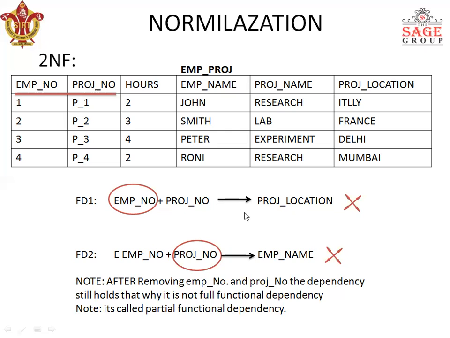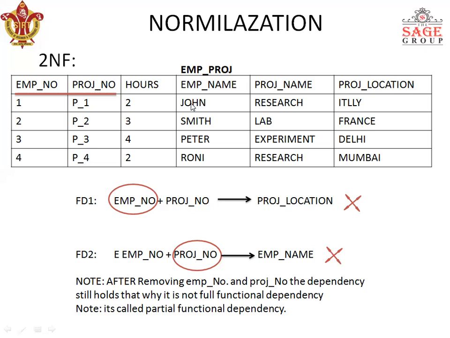If we remove this, the dependency still holds, so that is not a fully functional dependency. Another example: with the help of employee number and project number, can we identify employee name? Yes. But if we remove project number, can we identify employee name with the help of employee number? Yes, we can. So this is also not a fully functional dependency.